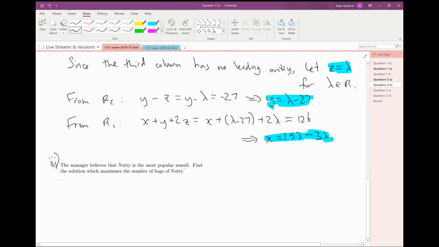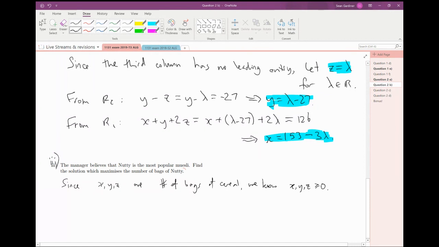Well, I know that since x, y, and z are numbers of bags of cereal, it makes no sense for them to be negative, right? We can't make a negative number of the fruity cereal or whatever. So we can say that we know that x, y, and z are all greater or equal to 0.